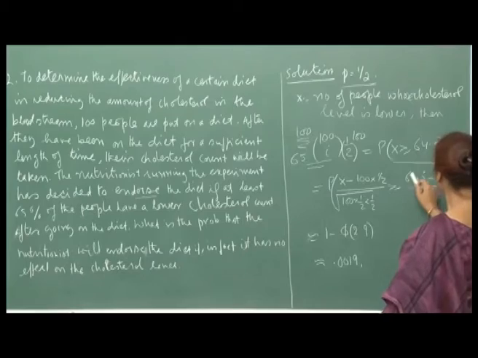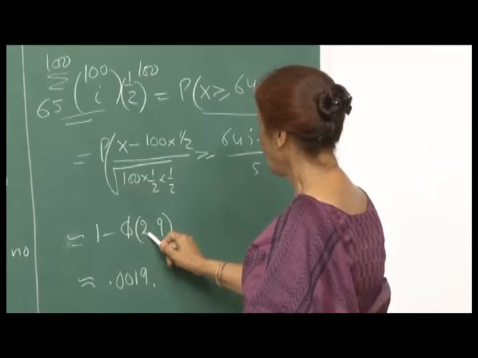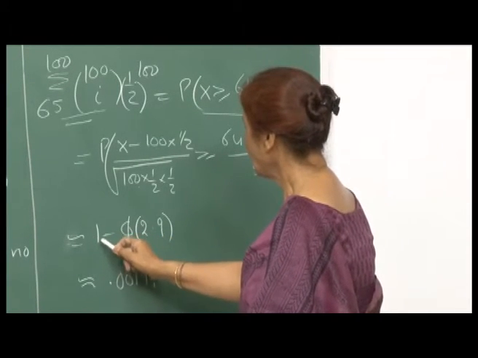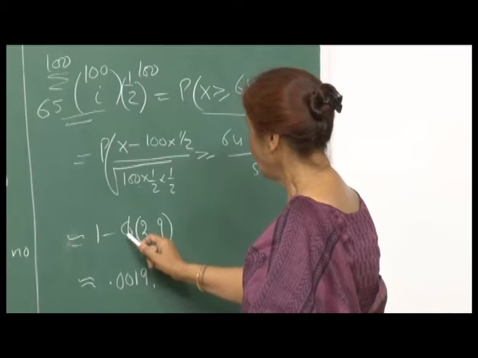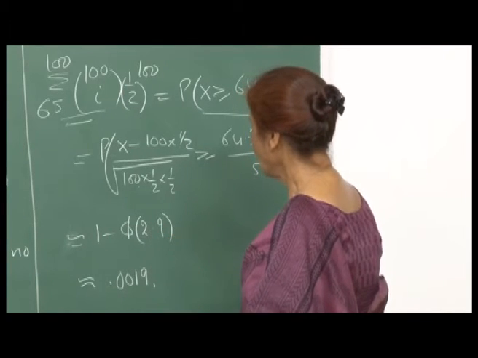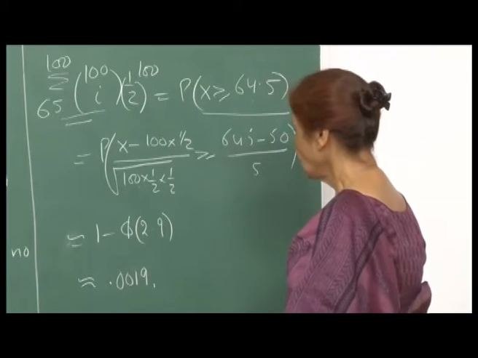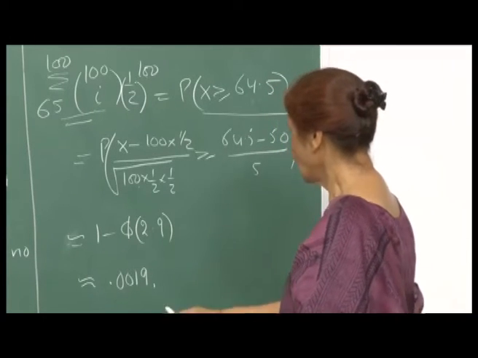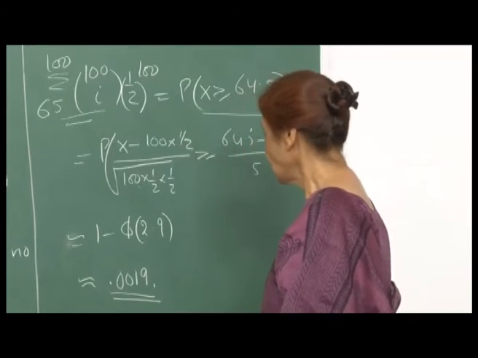And this number comes out to be 2.9. So, the required probability is 1 minus phi of 2.9, where phi is the standard normal probability from minus infinity to 2.9, and this comes out to be 0.0019.